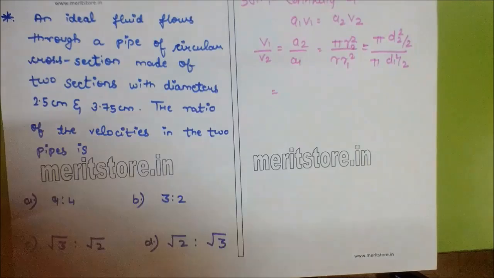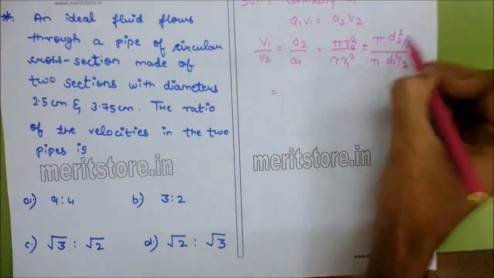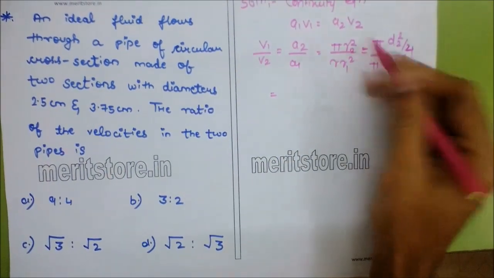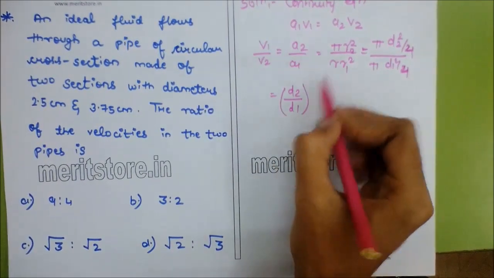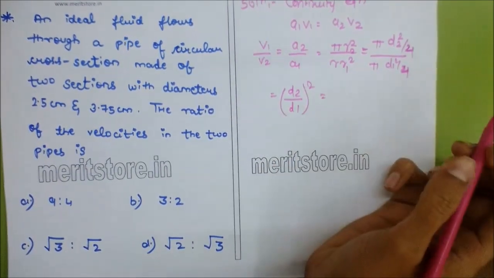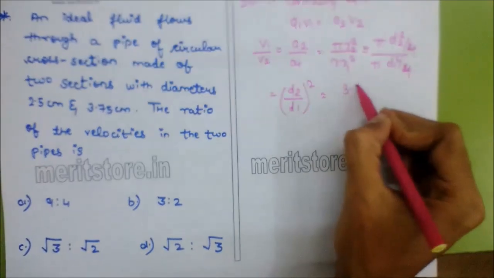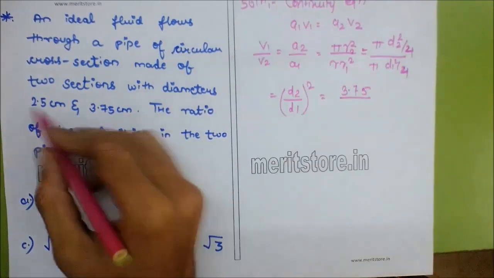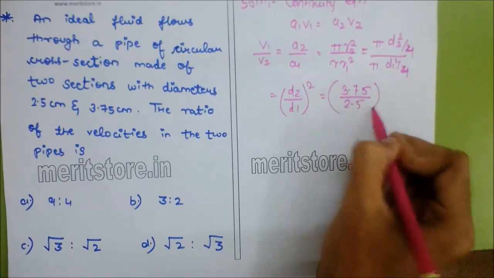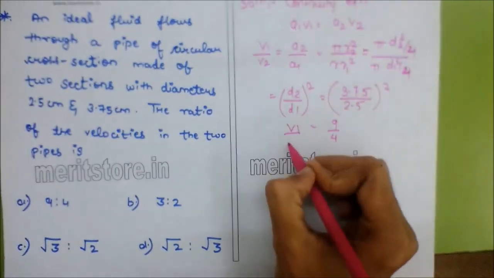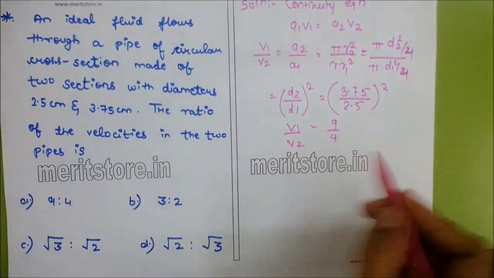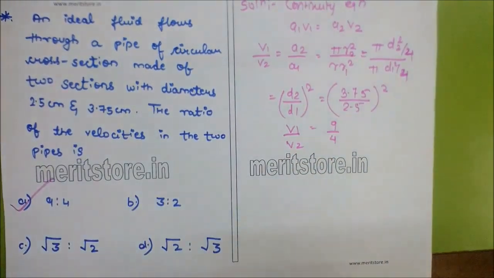So we have d2 upon d1, the whole square, which is 3.75 upon 2.5, the whole square. The value comes out to be 9:4. So V1 upon V2, the velocity ratio, is 9:4. So A is the correct option.